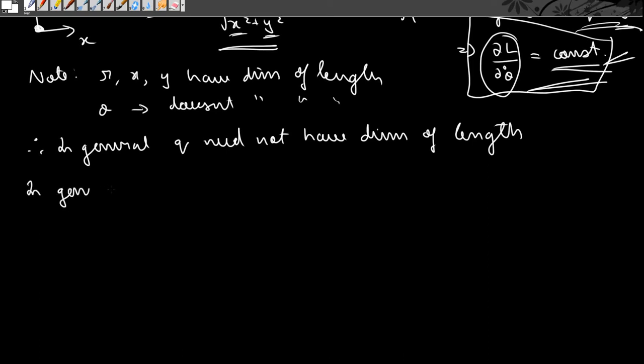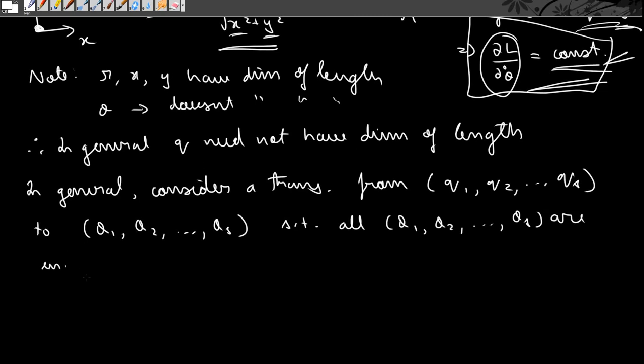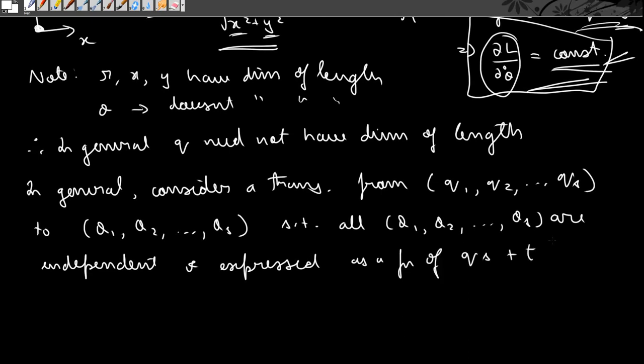So in general, consider a transformation from a set of coordinates q1, q2 up till qs to a new set of coordinates Q1, Q2 up till Qs such that all of these new coordinates Q are independent and expressed as a function of the q's plus the time t.